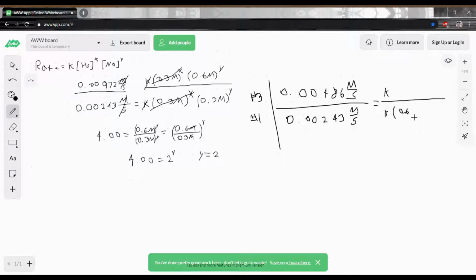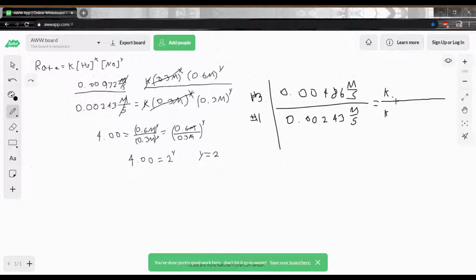The units are all going to cancel out anyway, so I'm not going to write them from here on out just to save some space. This is raised to the x power, which we do not know. That's going to be multiplied by the concentration of NO, which is going to be 0.3 raised to the y power. And up on top is trial number 3.